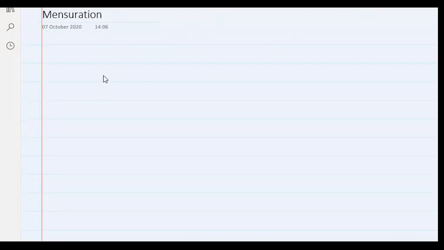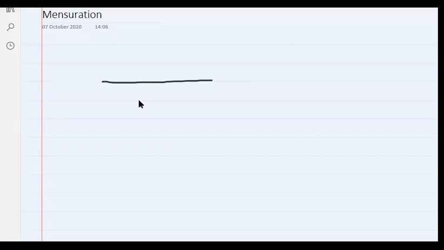Now think about this. Suppose this is a line. What will be the measurement of this line? Just its length, yes or no?